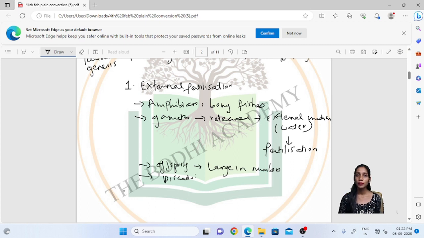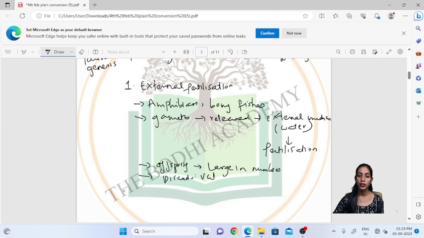So the male and the female, the actual individuals, the parents, have no control over the offspring formed. When they are formed, the offspring are vulnerable to many of the effects of the environment. They can be flown through the water, or if there are any other calamities happening, the parent can lose the offspring. So this is the main disadvantage.